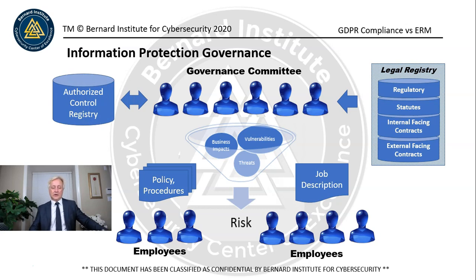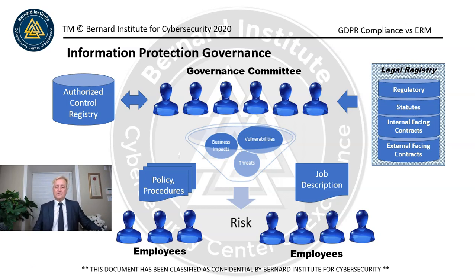There's also a very useful technique that I've adopted from the ISO 27000 Information Security Management System approach. And that is, once we've done our risk analysis, we've made recommendations and the governance committee has agreed to implement specific types of controls such as policies or procedures or standards, then we want to create a registry of what's been authorized.